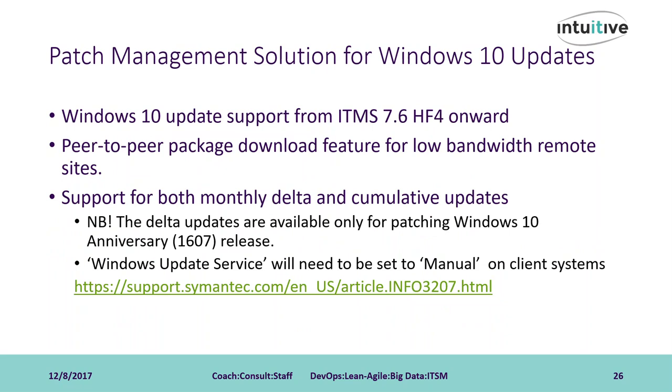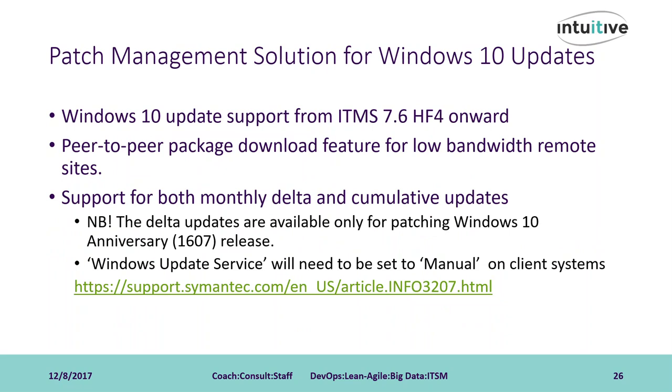Both solutions let devices download packages from other devices at their site rather than reaching across the WAN to the notification server or the package server, which can greatly impact the bandwidth between sites.